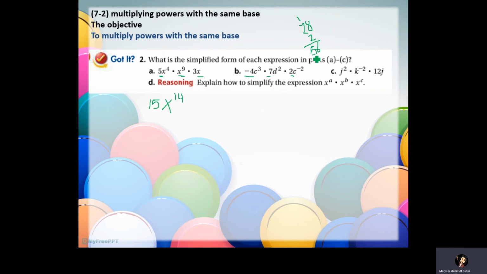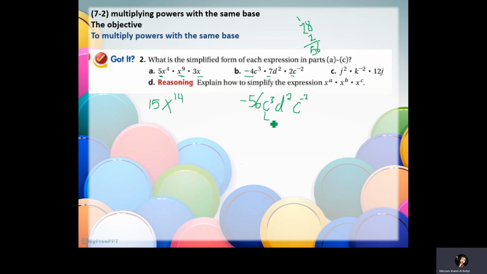So 56. The multiplication, don't forget the negative, negative 56. Then the remaining things, c to the power 3, d times d to the power 2, c to the power negative 2.